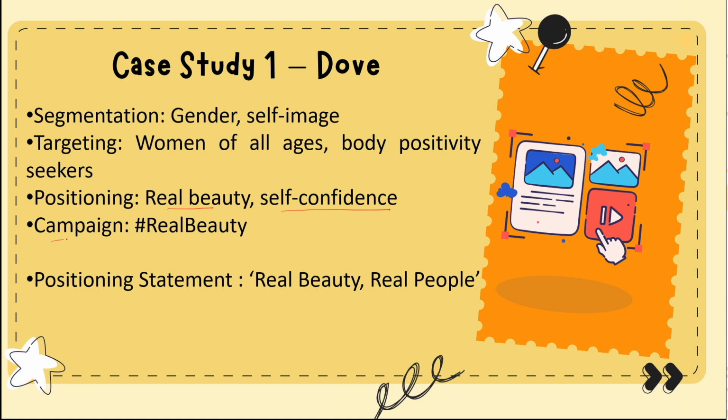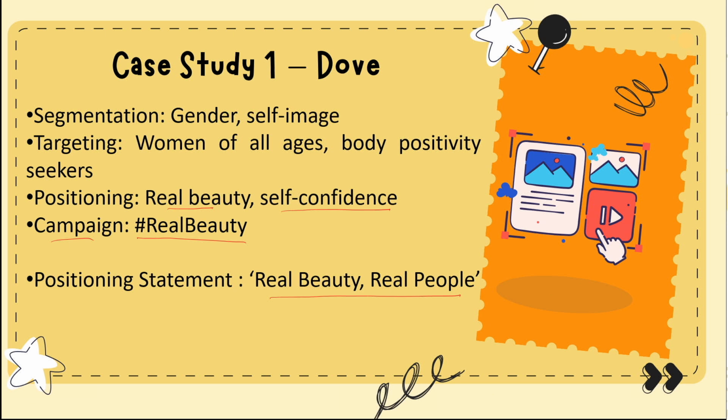Their campaign was very successful: hashtag real beauty. And what was the positioning statement? Real beauty, real people. If you think real beauty relates only with models, celebrities and actresses in Bollywood and Hollywood, no. Real beauty exists in our day to day life, near to each one of us.